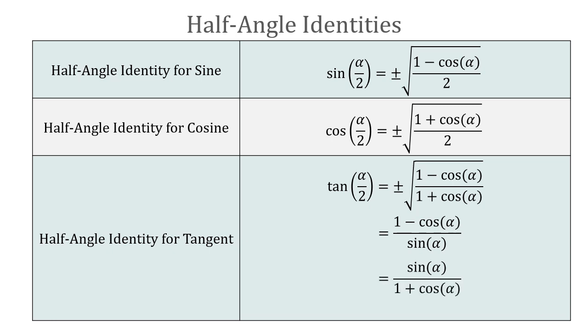Or you could even do another variation where the half angle for tangent is equal to the sine of alpha over 1 plus the cosine of alpha. Again, that comes from algebraic manipulation involving multiplication by the conjugates of either the numerator or the denominator. I'll leave that proof up to you if you want to do it, but just know that you may see any of these half-angle identities in books or in notes.